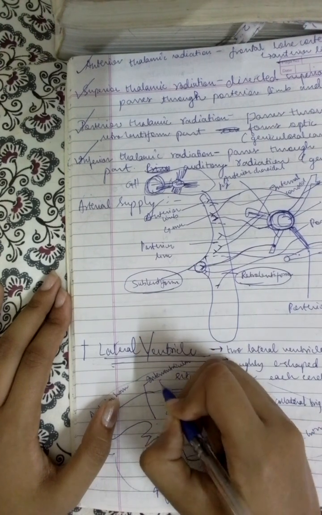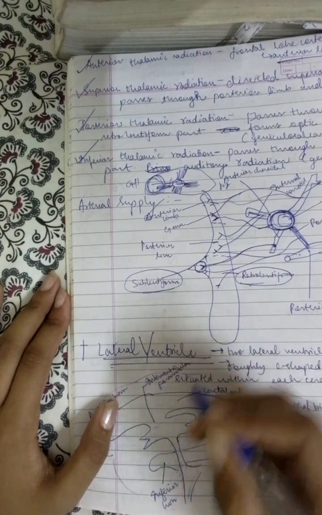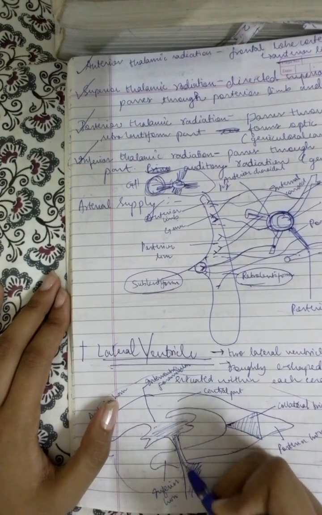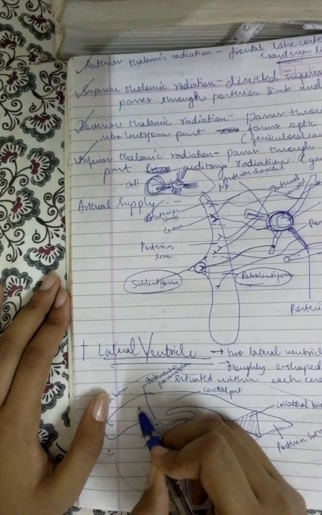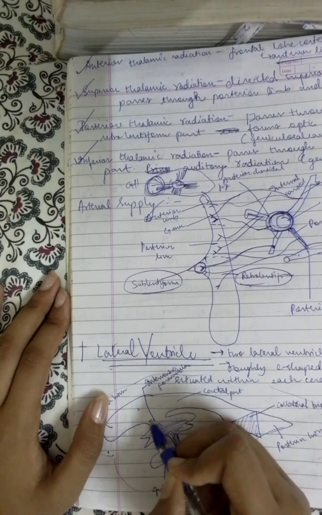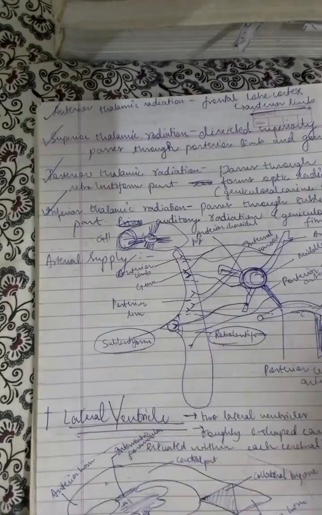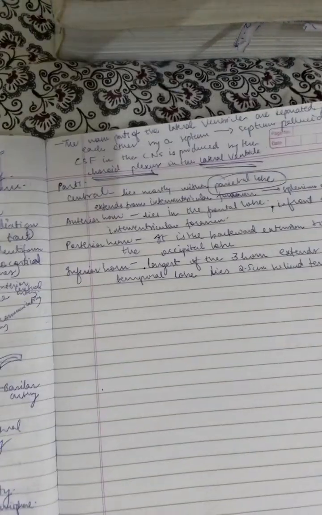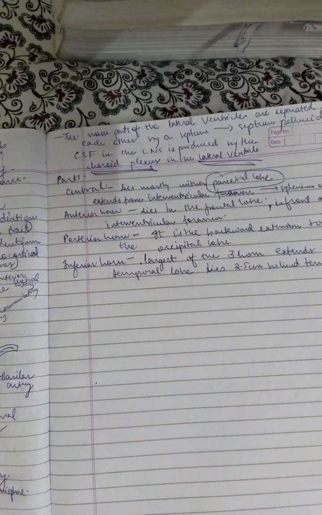This is the third ventricle, this is the fourth ventricle, and this is the cerebral aqueduct. The lateral ventricle is connected to the third ventricle by the interventricular foramen. So from the interventricular foramen to the splenium of the corpus callosum is the central part of the lateral ventricle.